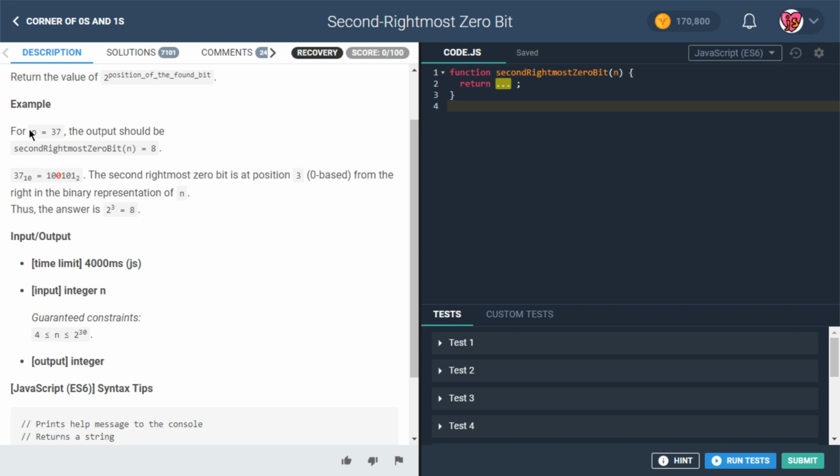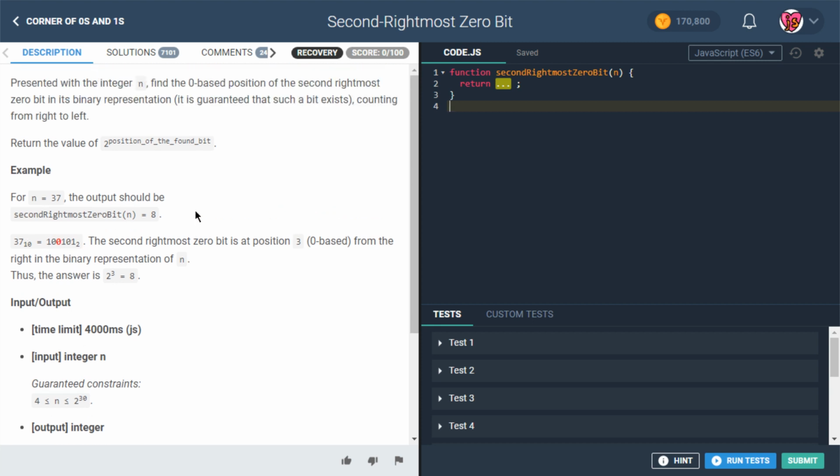So we're given this number 37. And the idea is that they're saying we should return 8 in that case. Well, why 8? Well, if we want to express 37 in binary, it's going to look like this, 100101. And if we take a look again at what it's asking us, we're looking for the second rightmost 0 bit. Okay, so if we're looking at these, there are 3 0 bits.